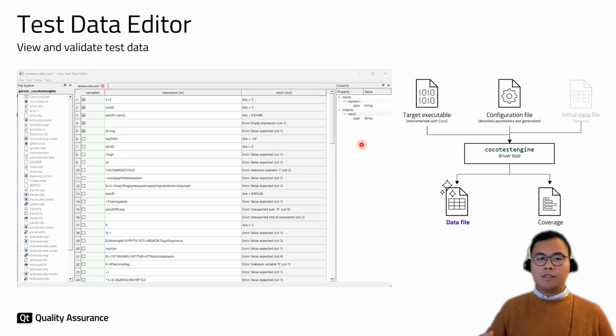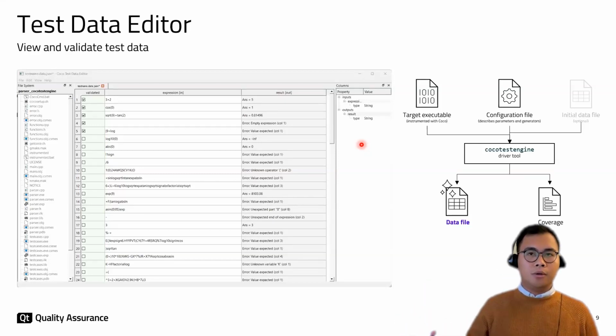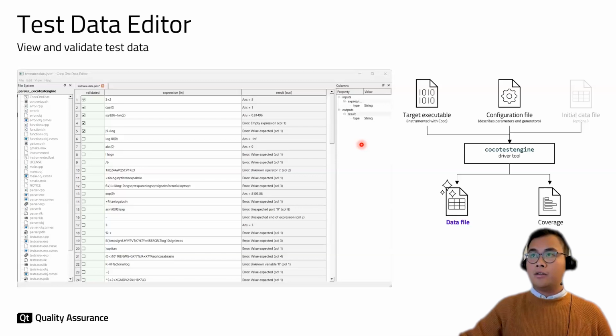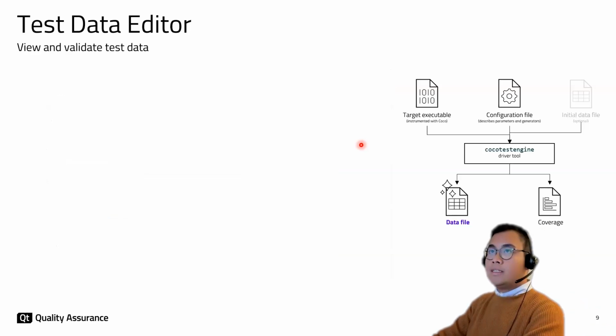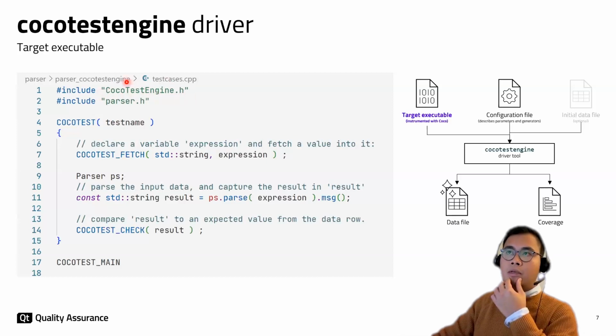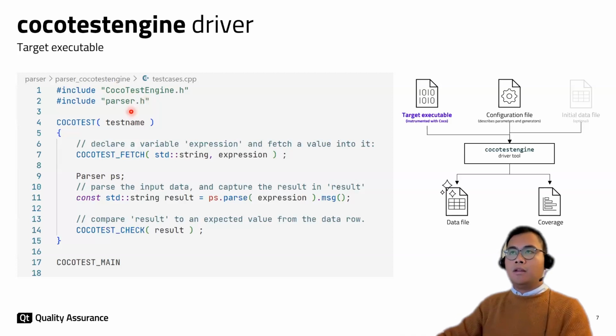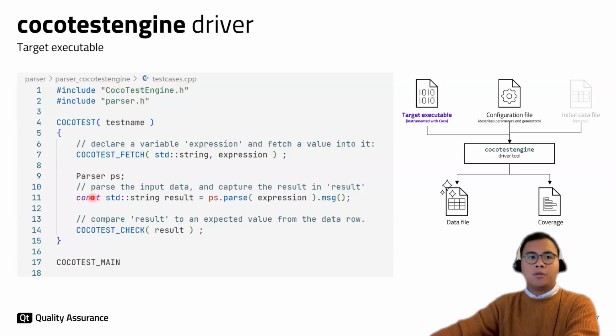Currently, there's no interface to customize it, but you will have access to the source code anyway to run the macros that are used for Coco Test Engine, such as the one used here. So these Coco Test Engine headers will be part of the source code that will be shipped together with the Coco installation. So you will be able to control those values, the equality values.